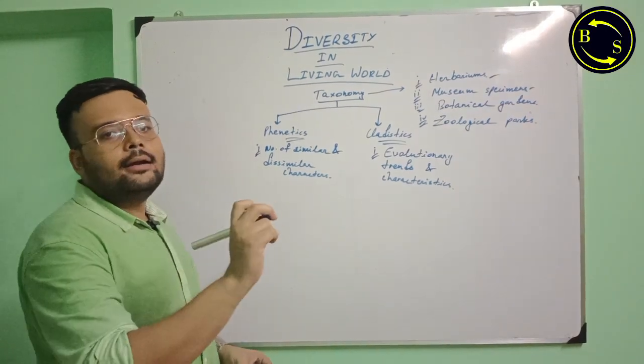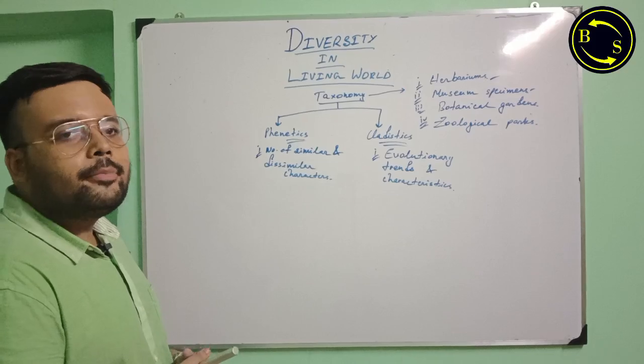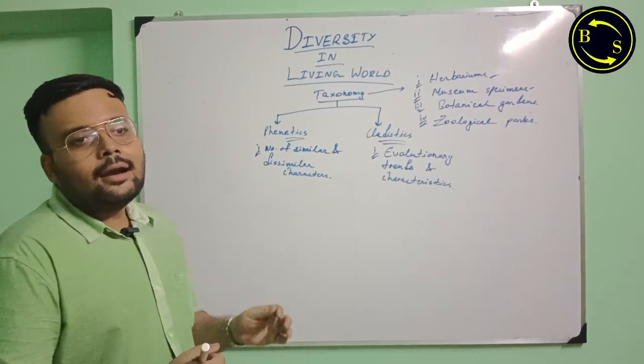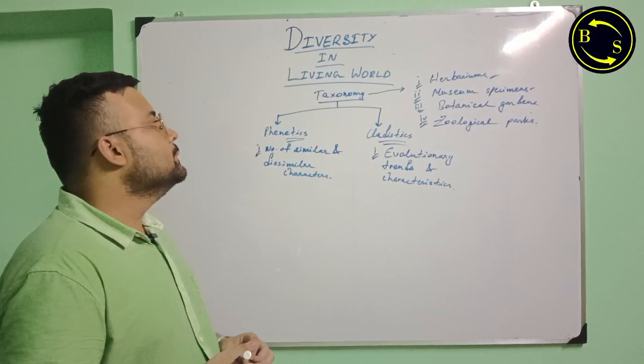The key identification features of that particular group of animal or particular group of plant, we term them as taxonomic hierarchies, and the groups are known as the taxonomic keys.